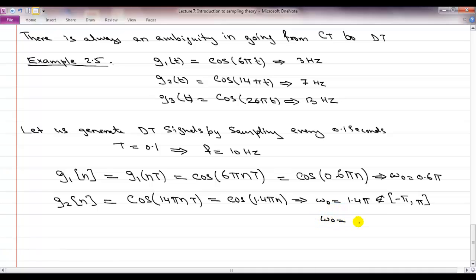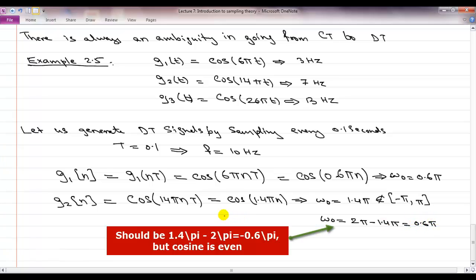Actually, omega naught is effectively 2 pi minus 1.4 pi, which is equal to 0.6 pi. So this is the same as cosine of 0.6 pi n. Just the property of cosine, right? 1.4 pi n is the same as 0.6 pi n.